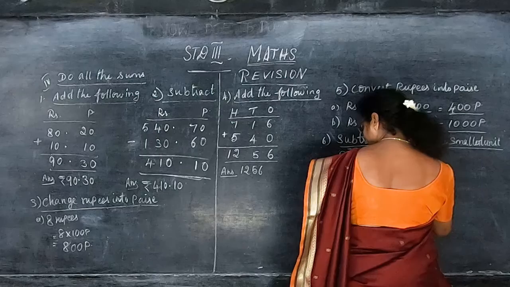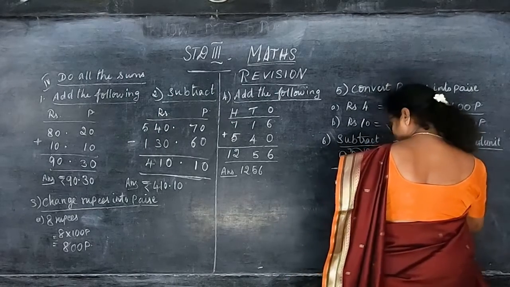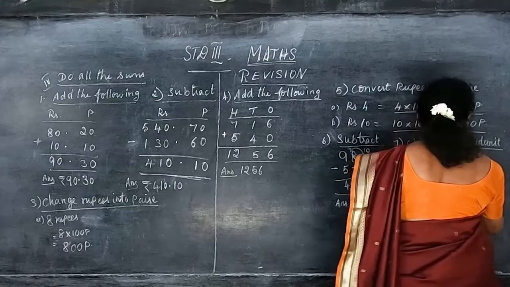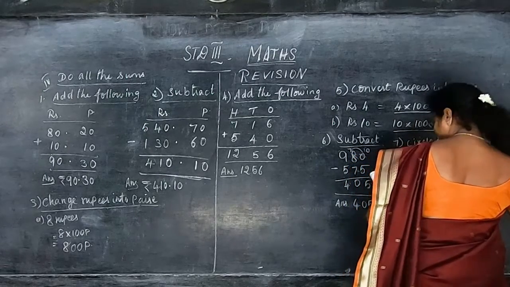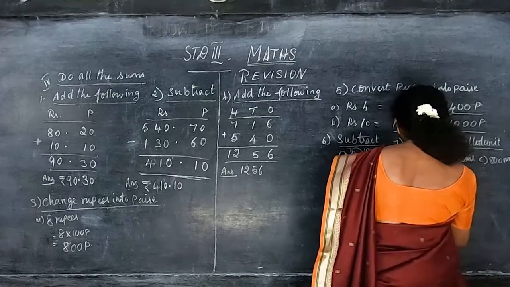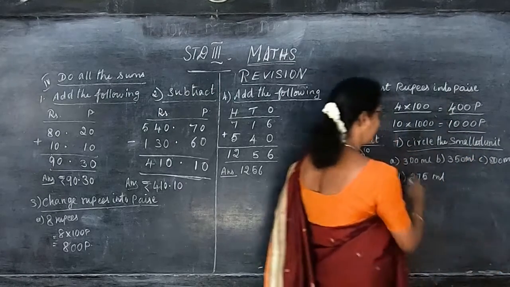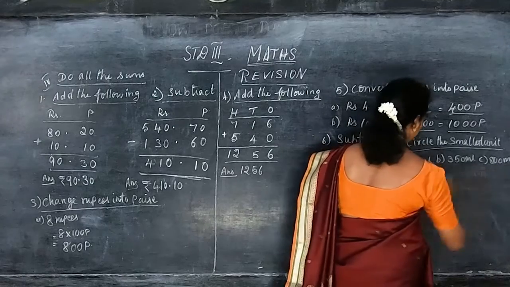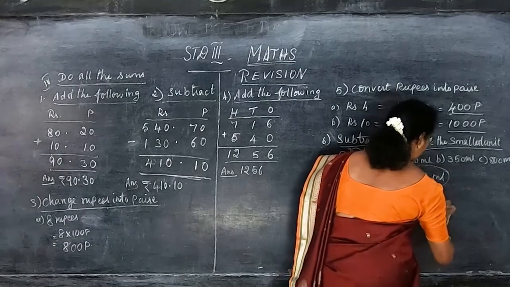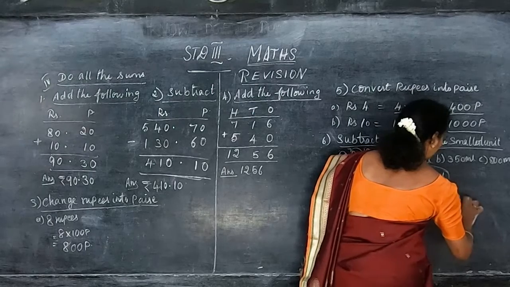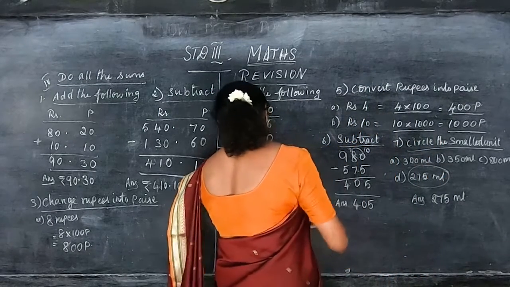So A is 300 ml, then B is 350 ml, and C is 800 ml, and D is 275 ml. So which one is the smallest? 300, 350, 800, 275. So answer is 275 ml. So you can write 275 milliliter. Okay.